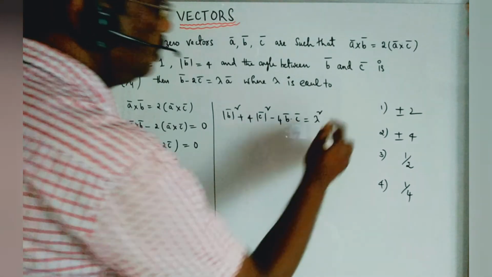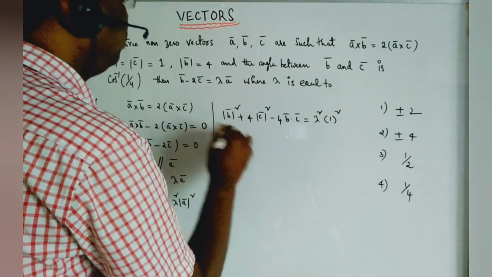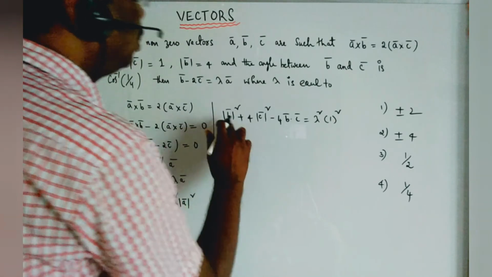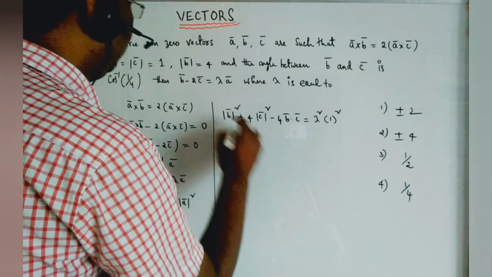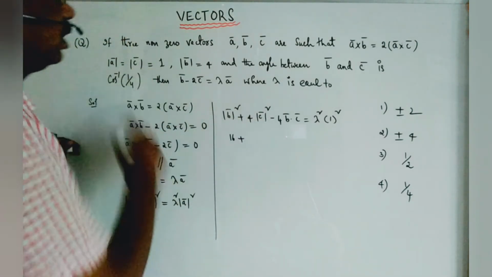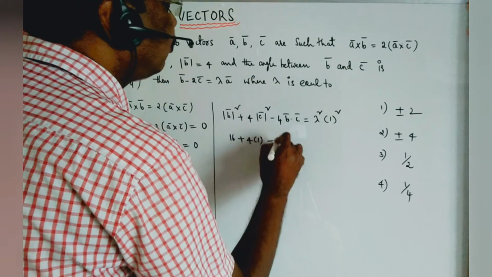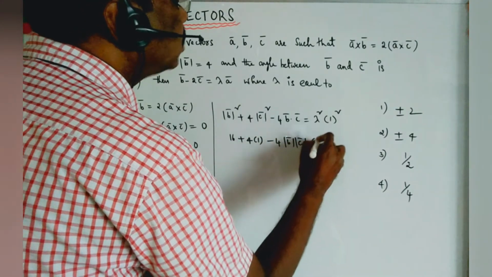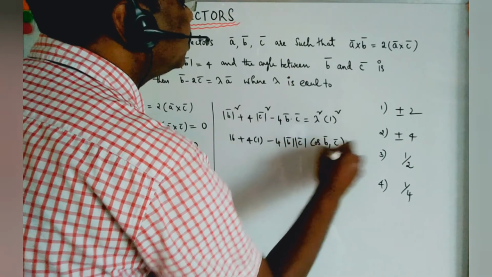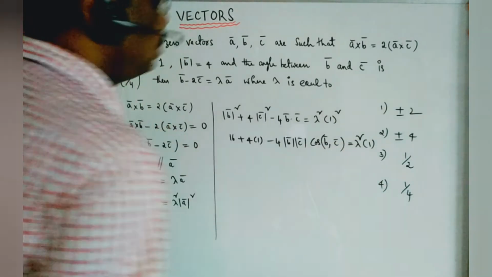Mod a bar value is 1, mod b bar value is 4, so 16, plus 4 into mod c bar square, which is 1 as given, minus 4 into mod b bar mod c bar cos of the angle between b bar and c bar, is equal to lambda square into 1.